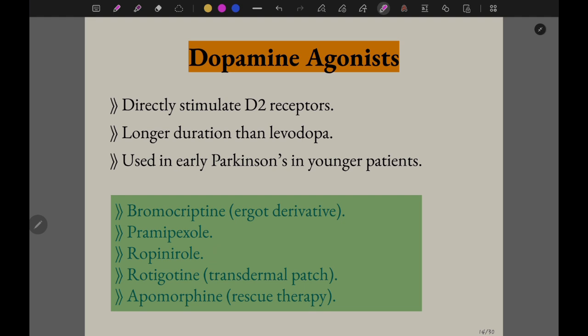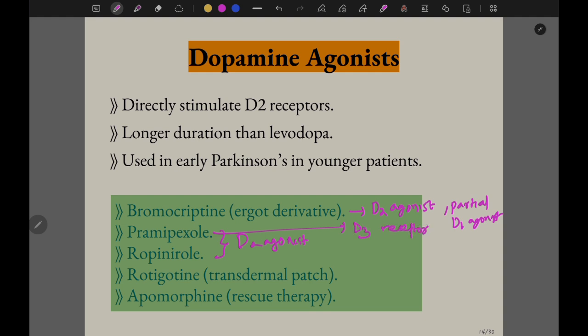Bromocriptine is actually a D2 agonist, and it also has partial D1 agonism. These are D2 agonists, and pramipexole also has more selectivity for the D3 receptor.